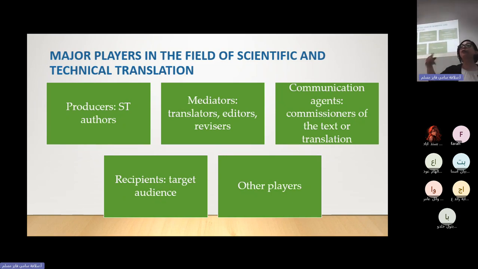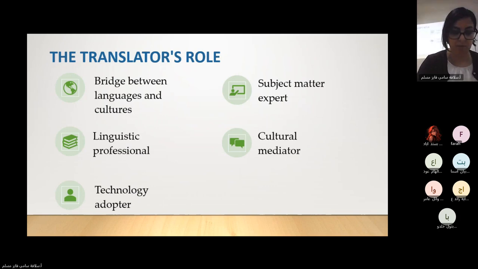If we are not freelance translators, we have many people: the source writers, the translators, the agents, the middlemen, the target audience who will receive the text or speech or whatever is translated, and other players.